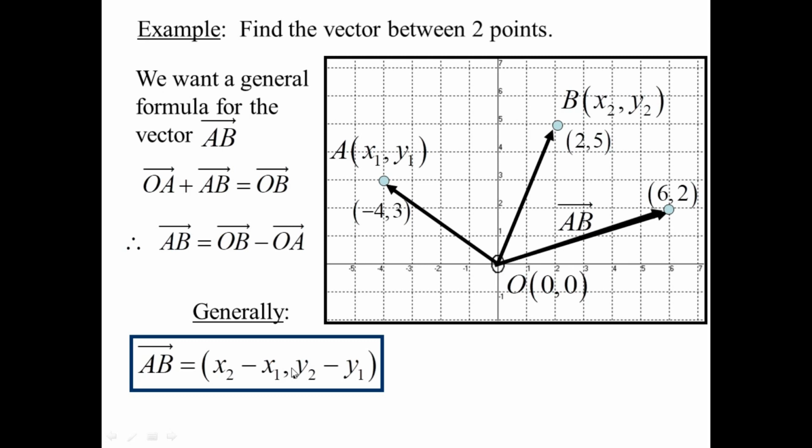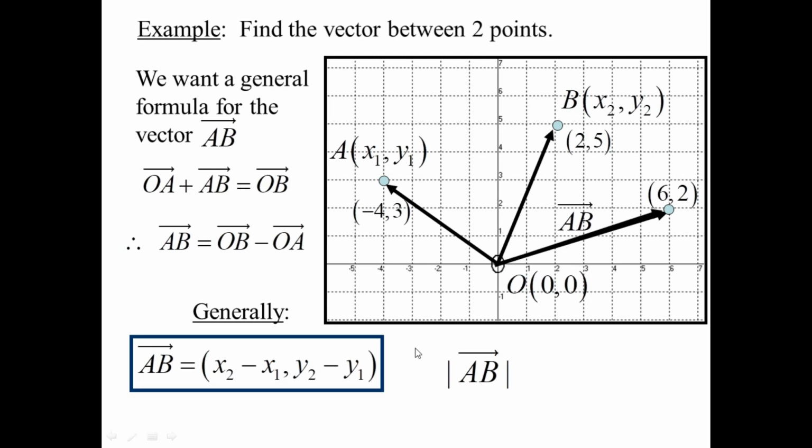One last little thing to note is how long is a vector AB? How long? What's the magnitude? When you see these symbols, these absolute value brackets, they stand for magnitude, the length. How long is that?